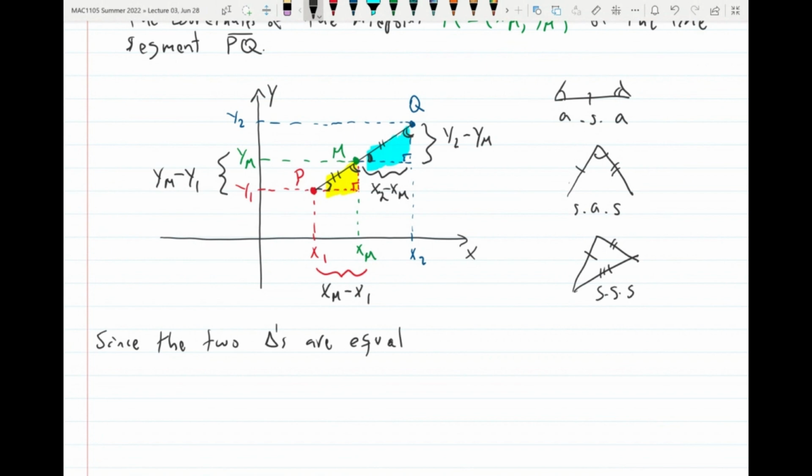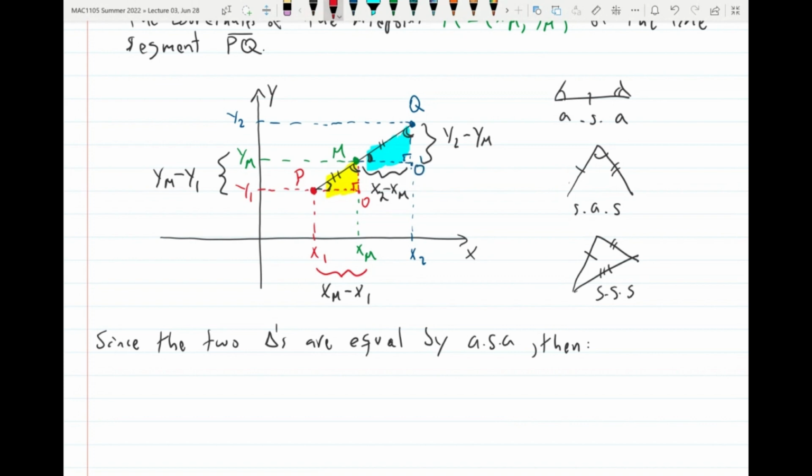Okay, so since the two triangles are equal, by the angle side angle criterion, there are some things that we can say. In particular, this side over here is the same as this one. I could put a letter here so we can label it. Let me call this one O and this one O prime.